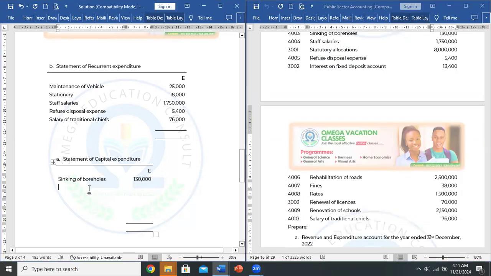So they are not plenty, just 3. Rehabilitation of roads. That's 2,500,000. And then renovation of schools.